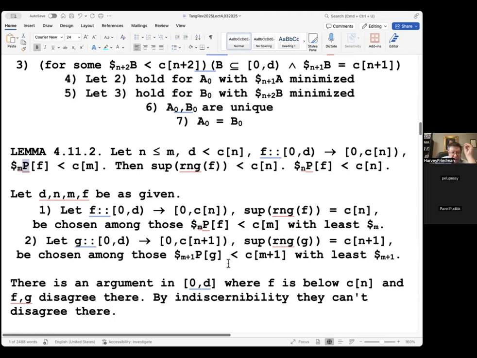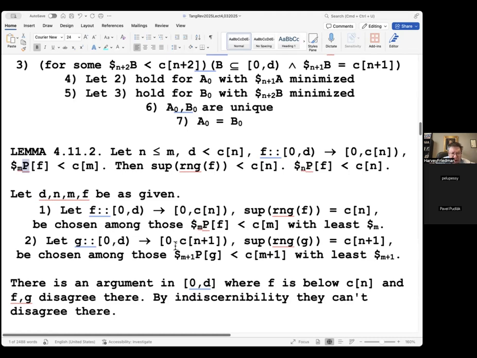So you assume it's false and you get something with a sup as range as C, and then you automatically get one with a sup of the range as Cn plus 1, by indiscernibility, because you can do this with n, you can do it with n plus 1. But then these are both nicely defined, and so therefore they must be equal.